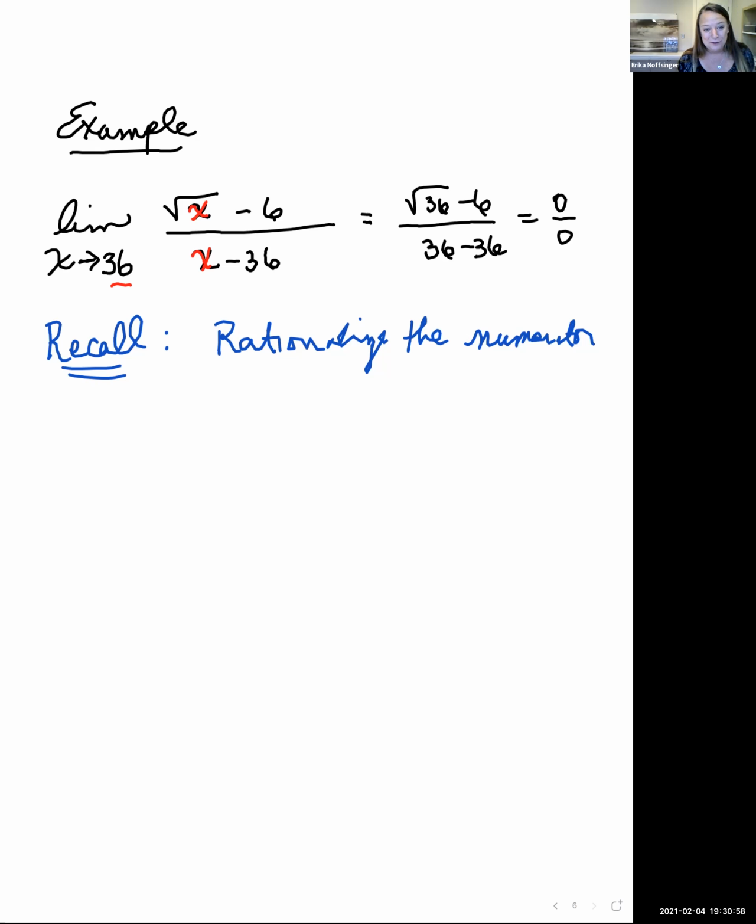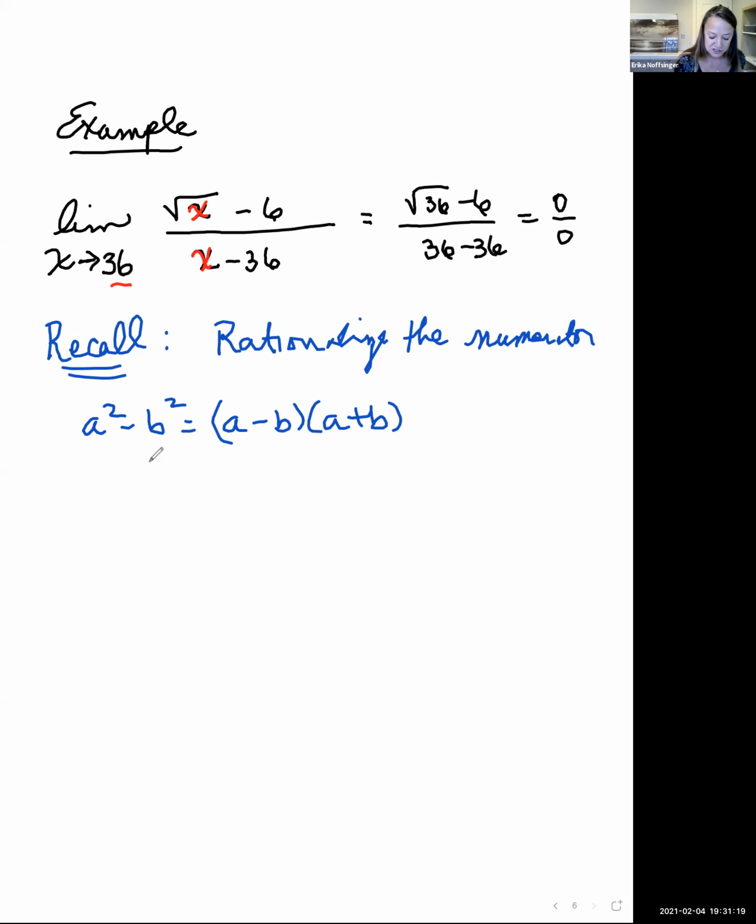Okay, so if we want to get rid of the radical in the numerator, we're using the fact again that a squared minus b squared factors as a minus b times a plus b. We're going to go backwards. So normally we're trying to factor this a squared minus b squared, right?